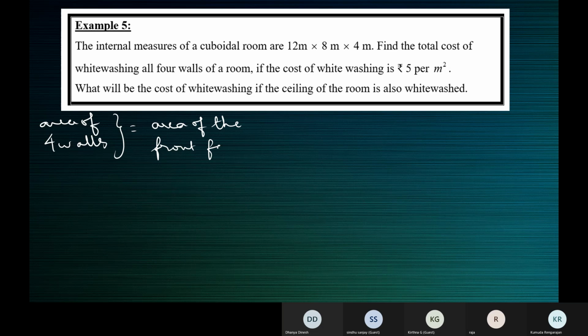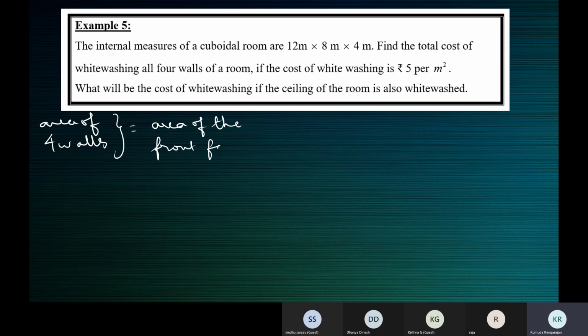Yes, ma'am. Not this, this is the ceiling. This is the floor. The remaining are the 4 walls.